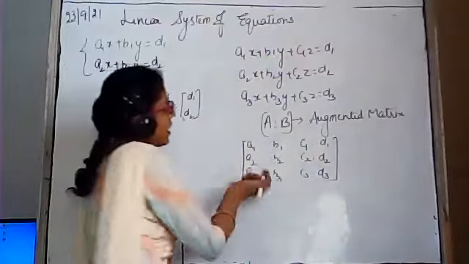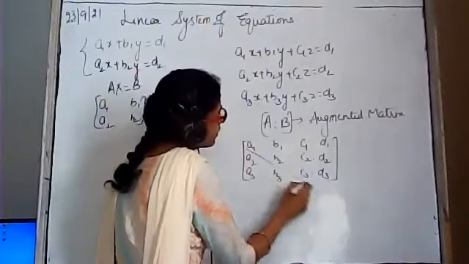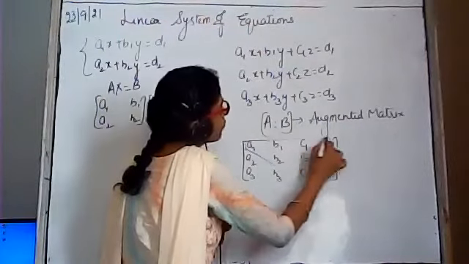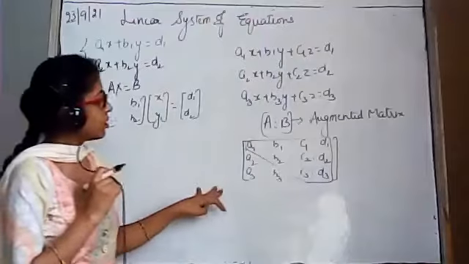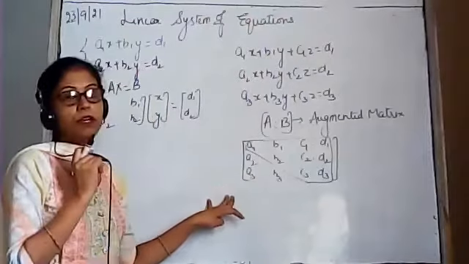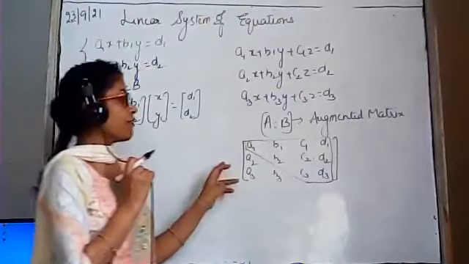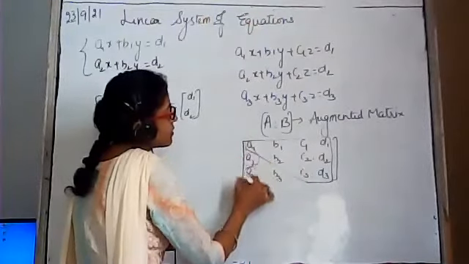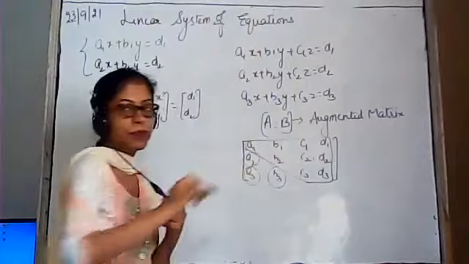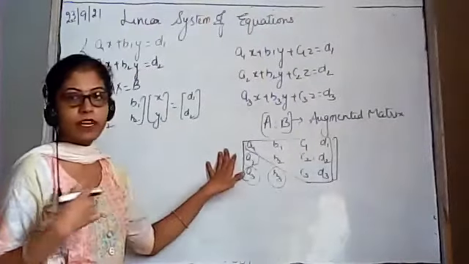After that, we have to make this matrix in the upper triangular form. We will apply only row operations, no column operation. After applying the row operations, we will make these entries 0. We want to find the upper triangular matrix.